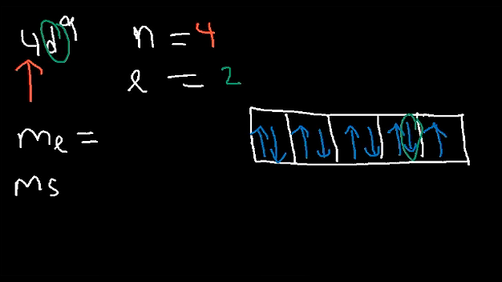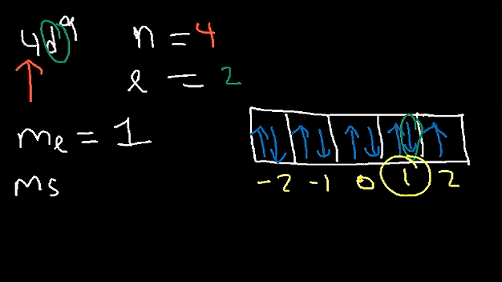The 9th electron lands in this orbital where ML is 1. So that's how you can find the value of ML. And because it's a down arrow, MS is -1/2. That's how you can identify the 4 quantum numbers given the electron configuration for that specific electron.